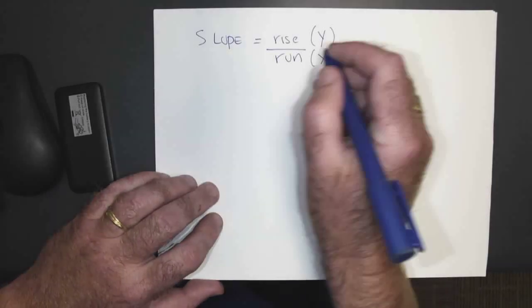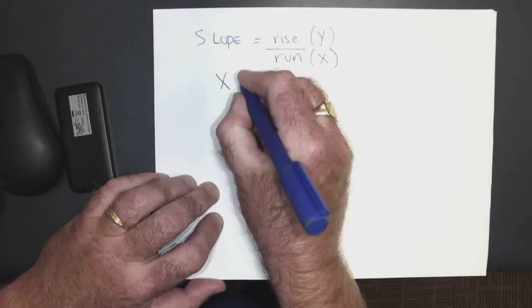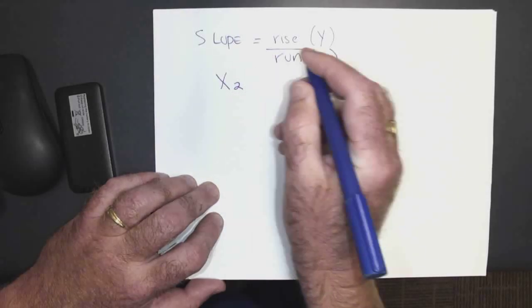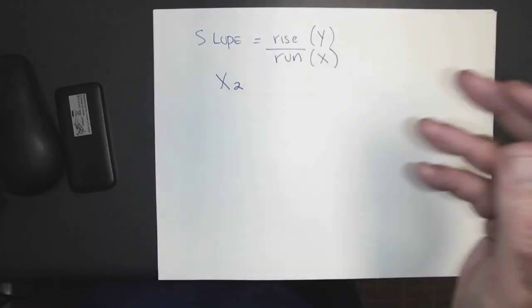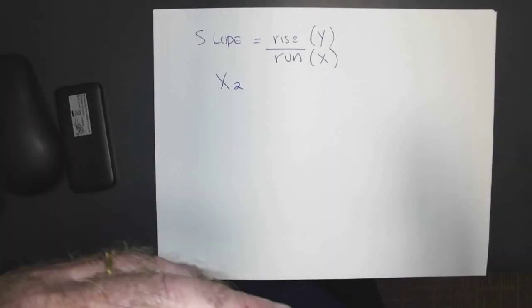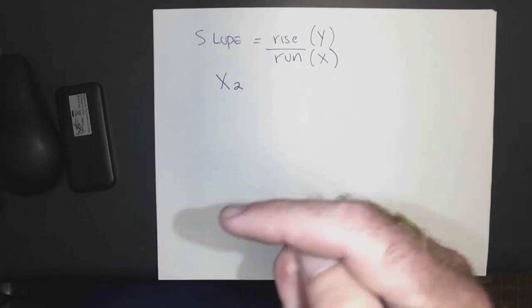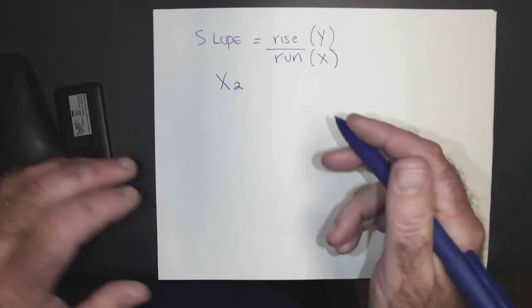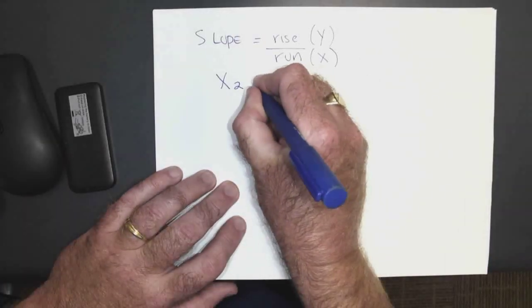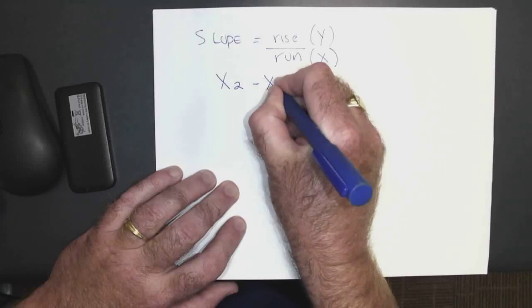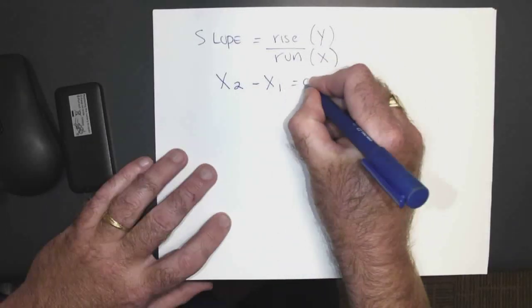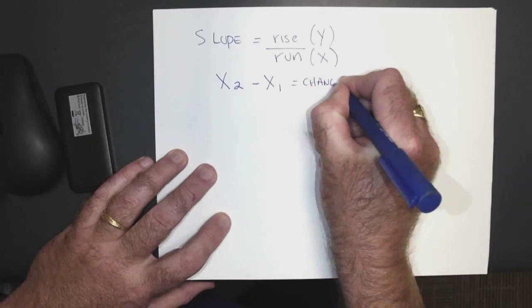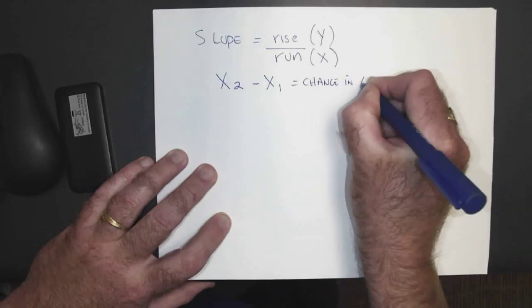Now we're going to get fancy, and you might say you've seen this before. The slope is about the change, because we want to know when one thing changes, how does it affect something else? There's a relationship between variables. So it's x2 minus x1, which is the change in x.